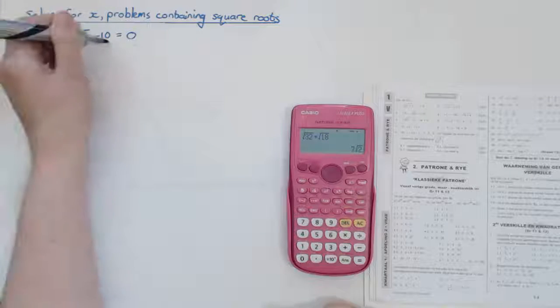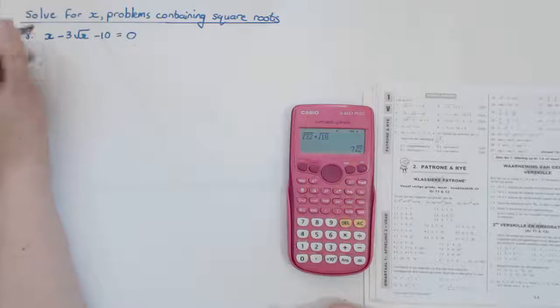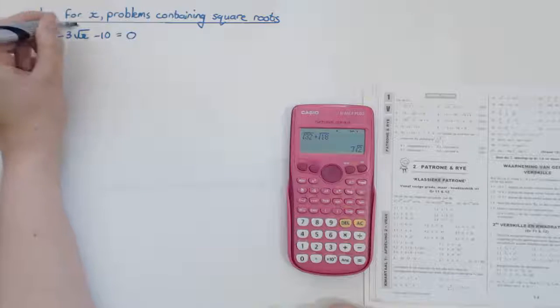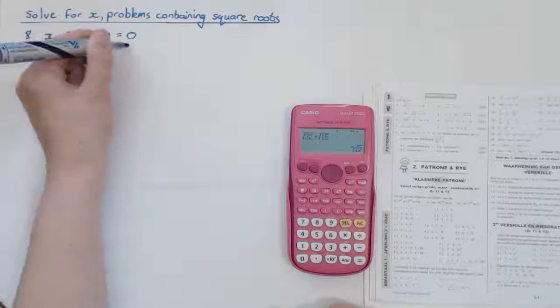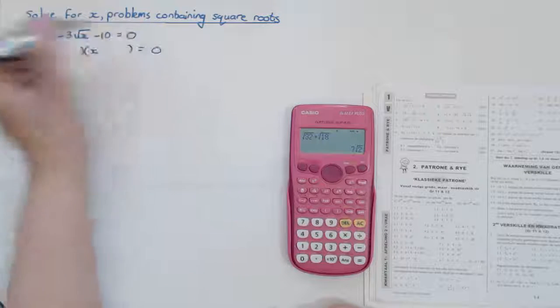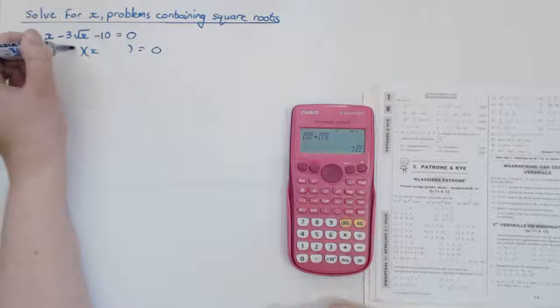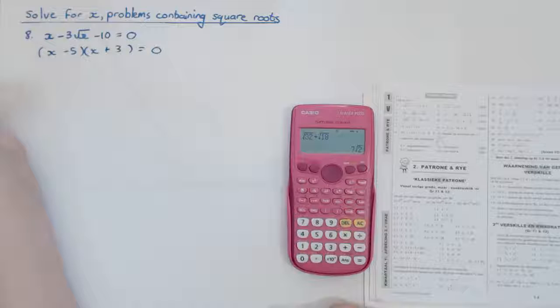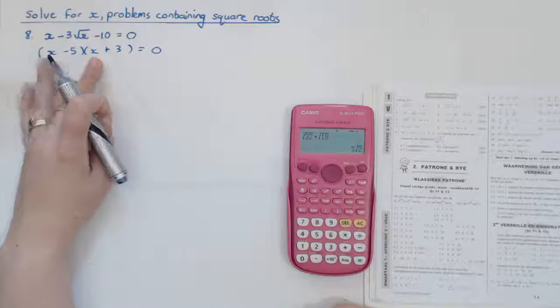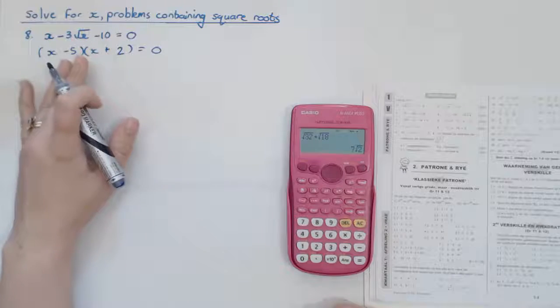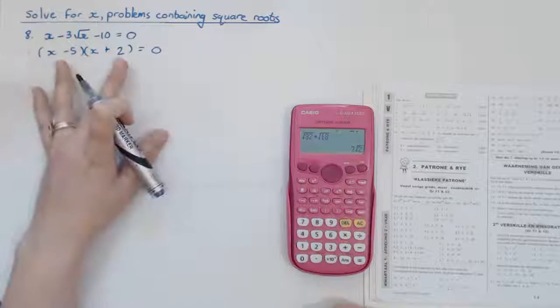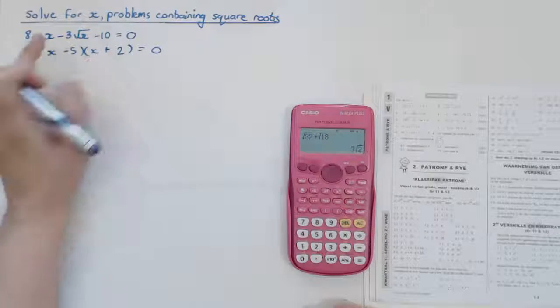So if it was an x squared and an x, just ignore that for a second, I would factorize it into x minus 5 and x plus 2, minus 5x plus 2x, and minus 10 and x squared.